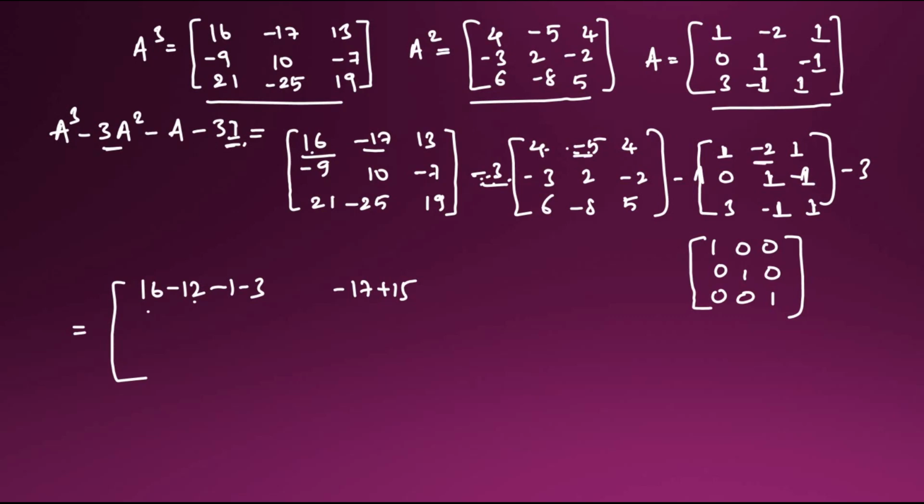After that, the middle term, this one minus 2. So 3 into 0, plus 0 here. Now the next one, 13 here I will write 13, and after that 3 fours are 12, minus 12, and here next term minus 1, and here plus 0 will come. So this is the value of the next term.